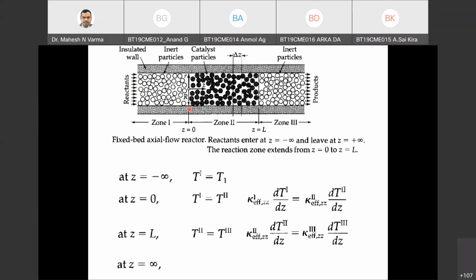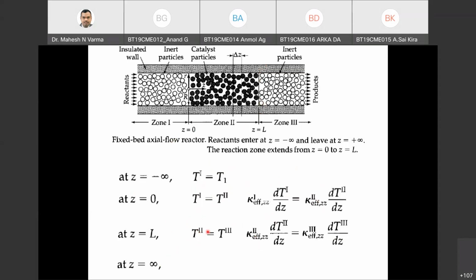These are two boundary conditions. This is the conductive flux. This is one boundary condition, two boundary conditions, three boundary conditions. Again, at Z equals to L, at this interface, there is a continuity of temperature and continuity of flux.